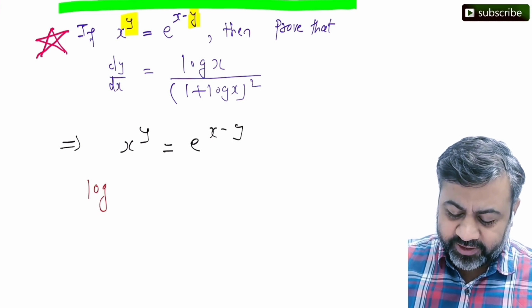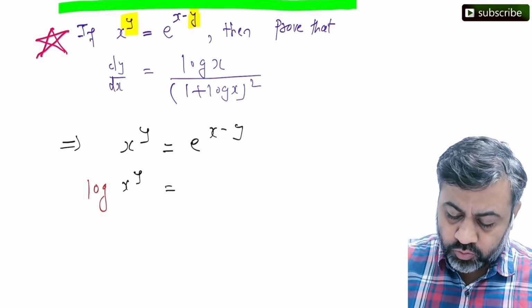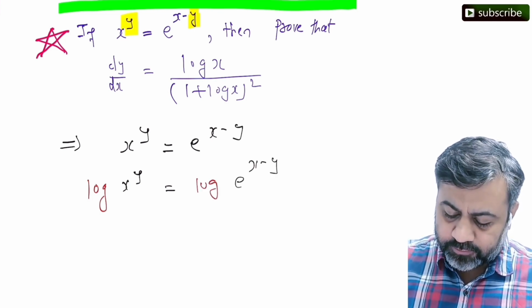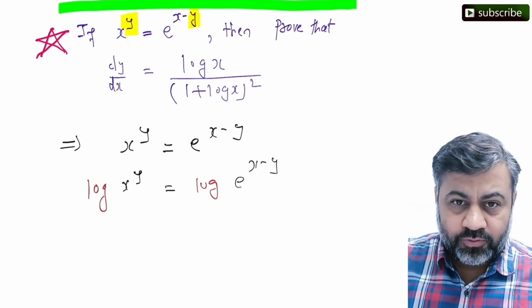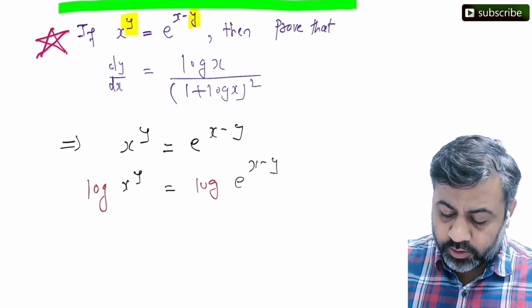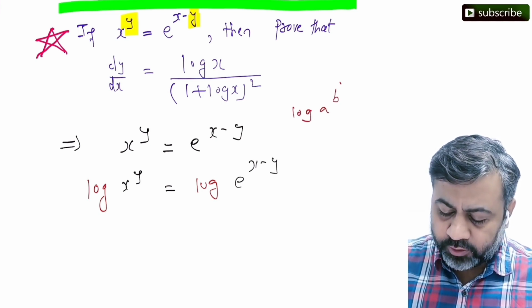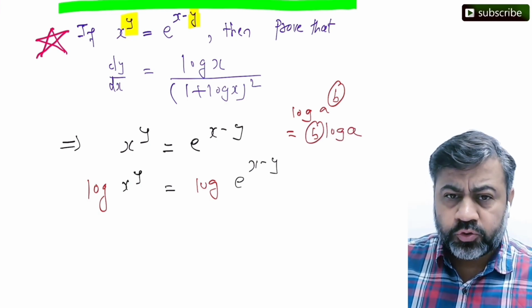So what I get here is log of x power y is equal to log of e power (x minus y). So can we bring the power down? That's the basic property of log we use, right? I hope you remember that log of a to the power b can be written as b times log a. So I'm going to use this concept.